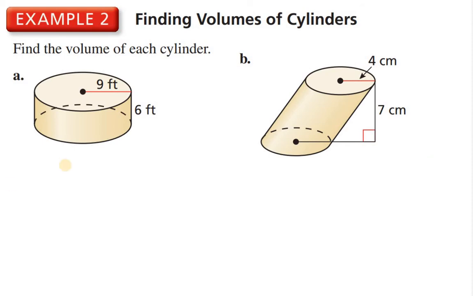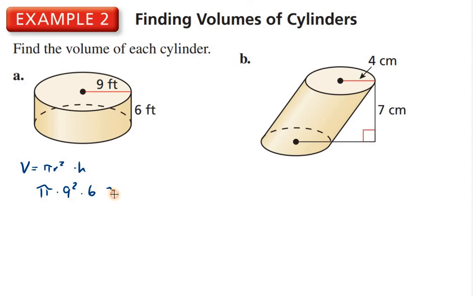For a cylinder, we do pi r squared to find the area of the base, and then multiply that by the height. So the volume is pi r squared times the height, which in this case would be pi times 9 squared times 6.